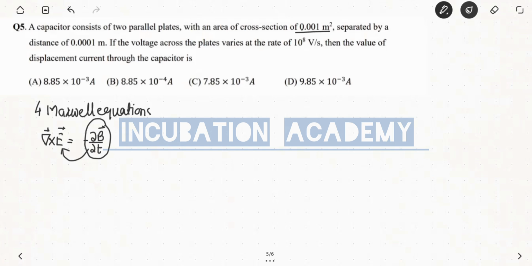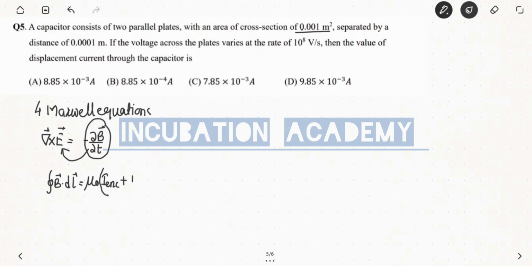For that purpose, Maxwell has taken Ampere's law, B dot dl equal to mu naught I enclosed. Maxwell has said this law is incomplete.